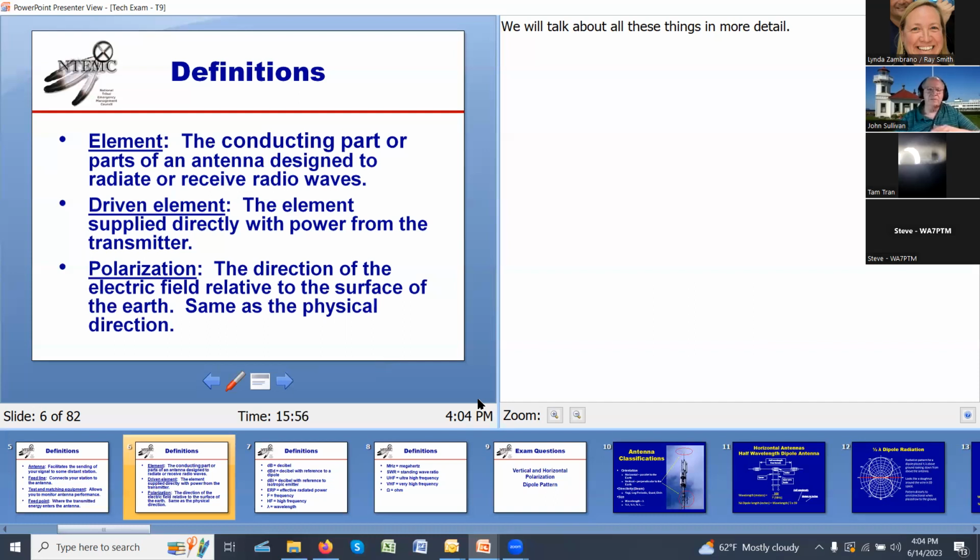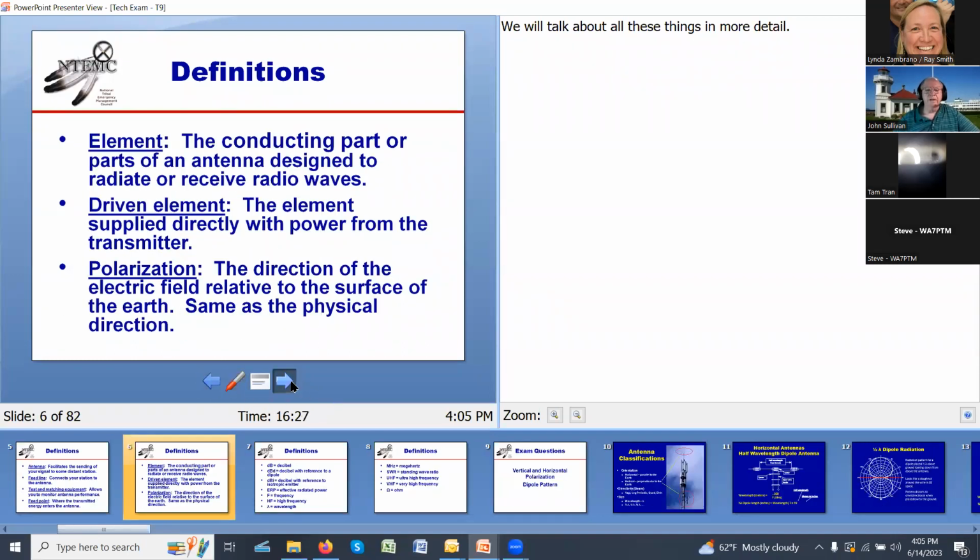If you'll remember the concept of the electrical fields and the magnetic fields of an RF wave, we're looking at the direction of the electric field relative to the surface of the earth. So if it's parallel to the surface of the earth, it's horizontal. If it's perpendicular to the surface of the earth, it's vertical. The direction of the electric field is going to be the same as the physical direction of the antenna, and we'll get into that.